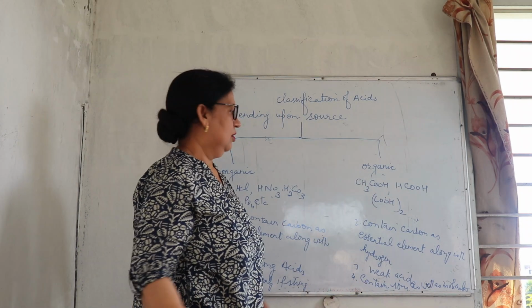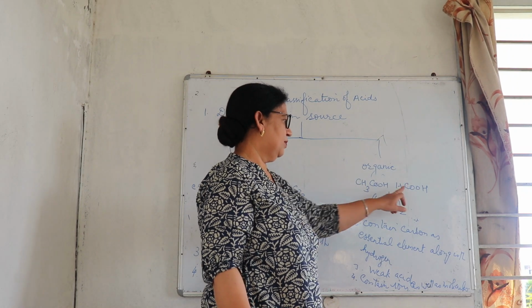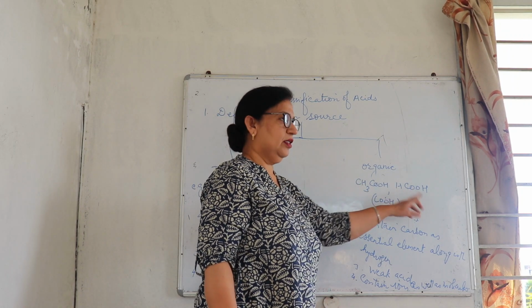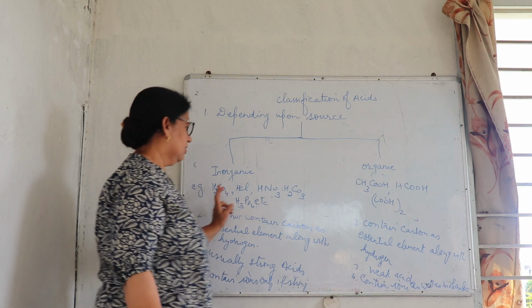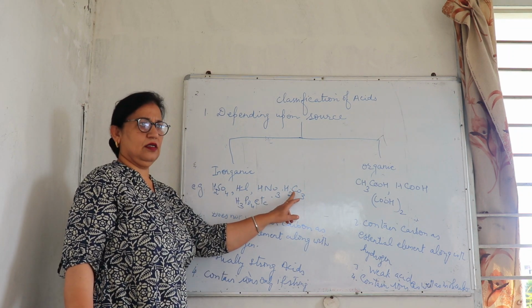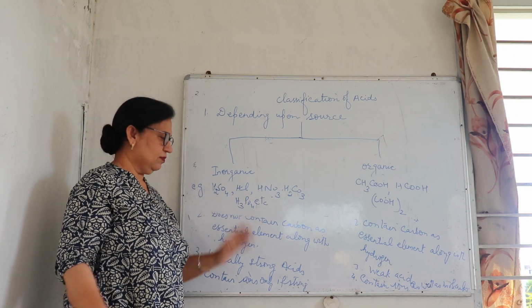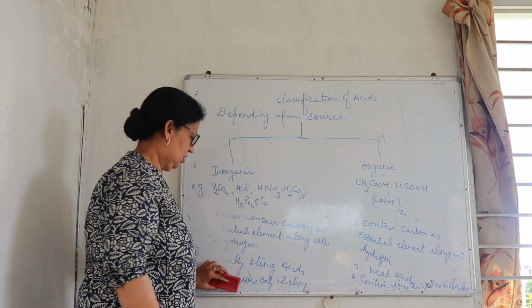These are organic acids. See, these have carbon as a compulsory element along with hydrogen, and in inorganic acids carbon is not compulsory, only in carbonic acid carbon is there. Otherwise, hydrogen is the compulsory element. Hydrogen is a compulsory part of acids.